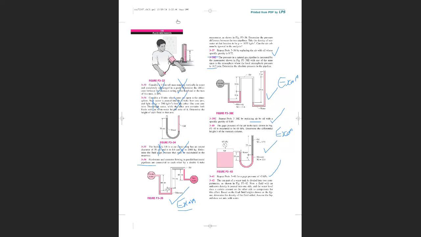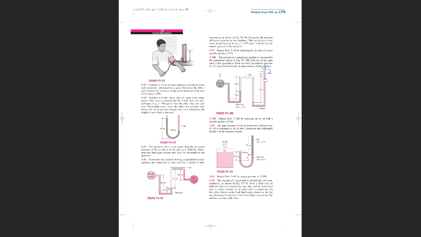Take, for example, this one. This is atmospheric pressure. Do you agree with me? Here we have atmospheric pressure, right? So this is h1 and this is h2. If you move from here, P atmospheric plus rho g h1 plus rho g h2, minus rho g h1.